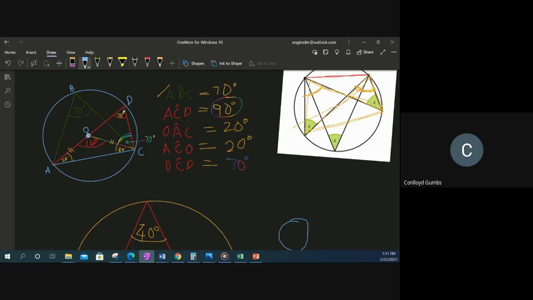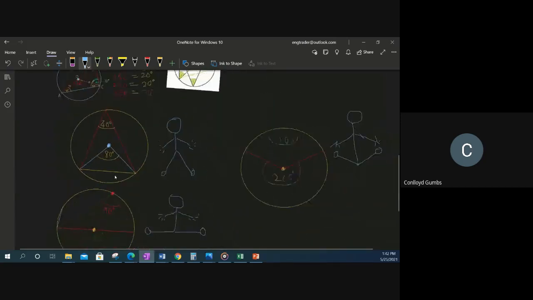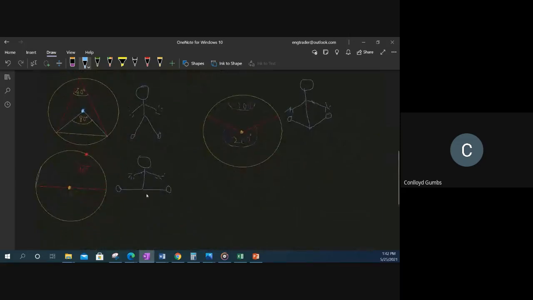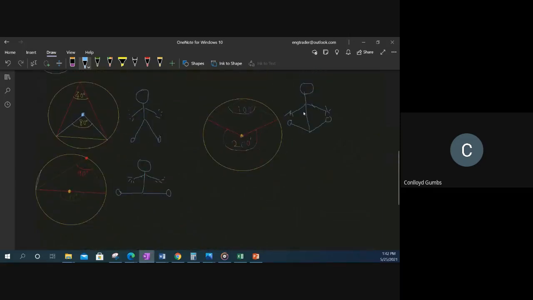But notice, this is a special situation of it. This is like he's on a lean. Even though you can't see the piece of the leg, this whole thing is sitting on the same chord. So here is 70, so inside here is 140. Okay, so that's what happened in this situation. So that is the next rule for triangles, right?